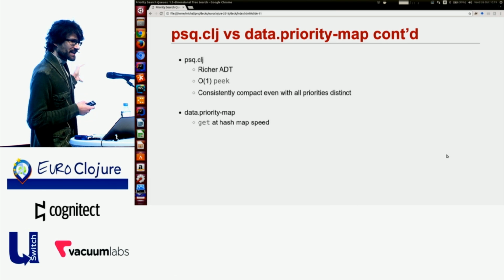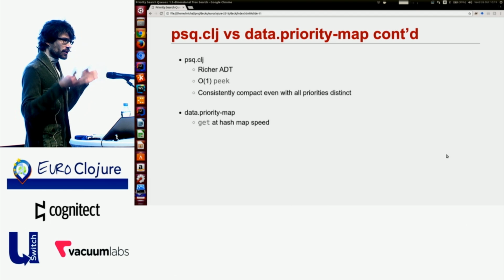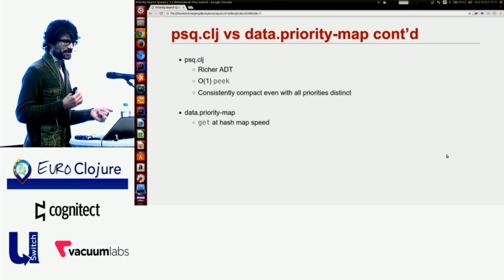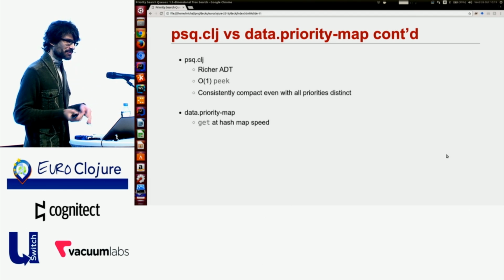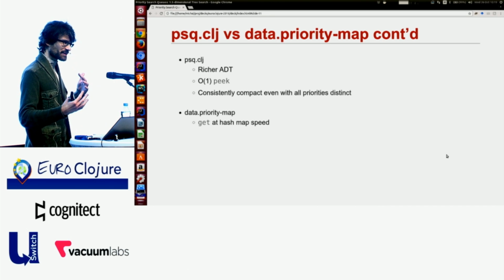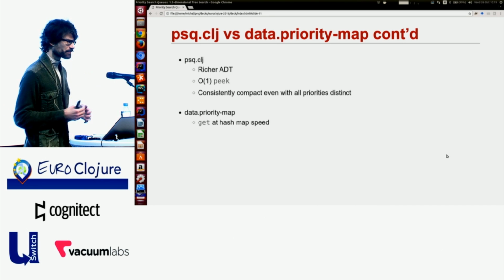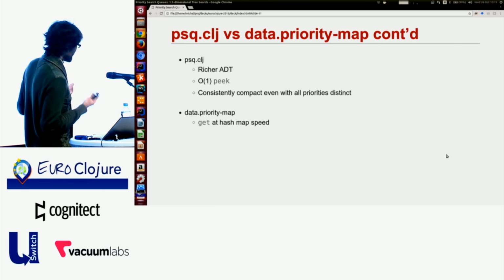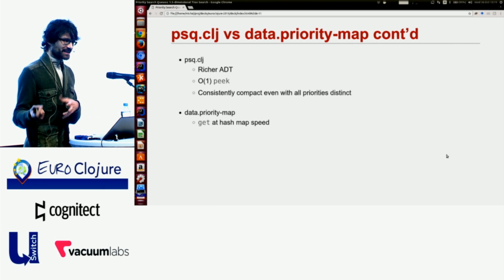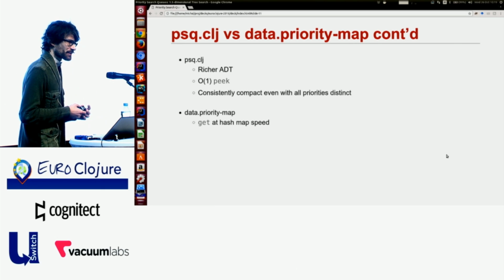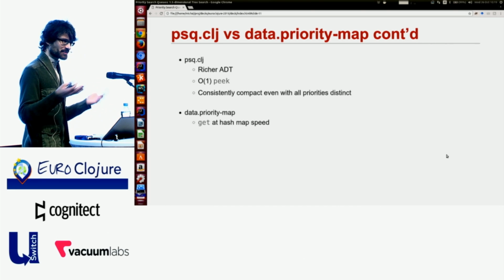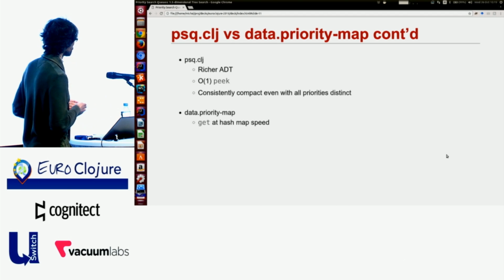Additionally, PSQ-CLJ has a consistently sized data structure, if you will. Data priority map can be very compact in some scenarios, but it can grow larger in others. But then with data priority map, you do get that at hash map speed. So if you perform a lot of lookups and you don't care about any ordering on keys, then probably that's the way to go.